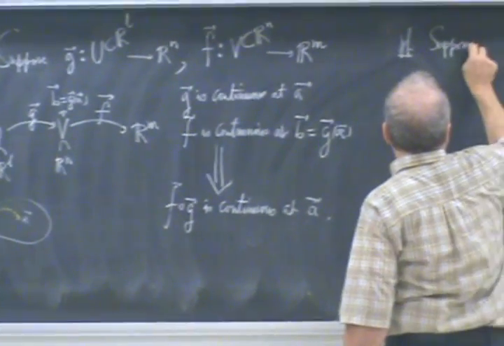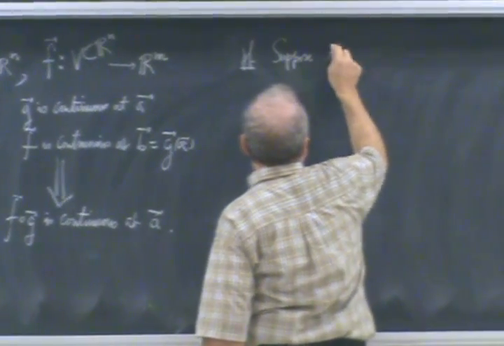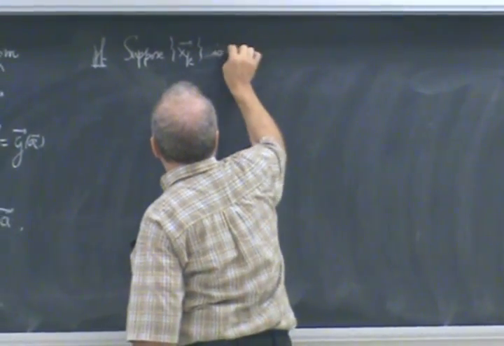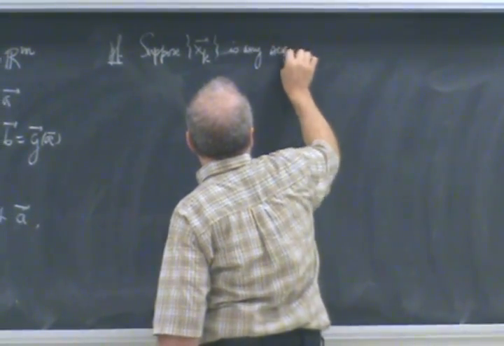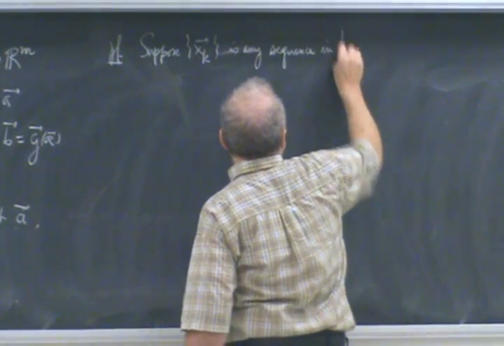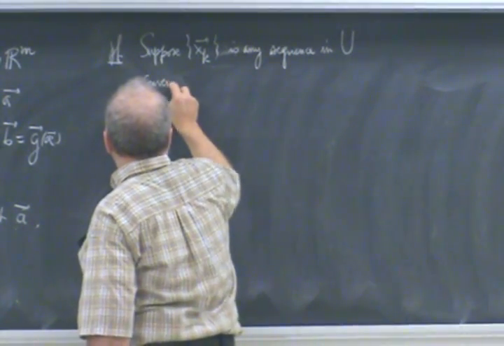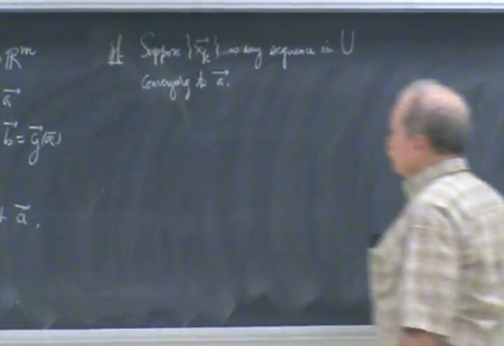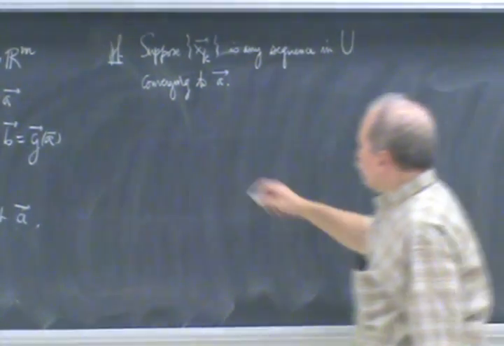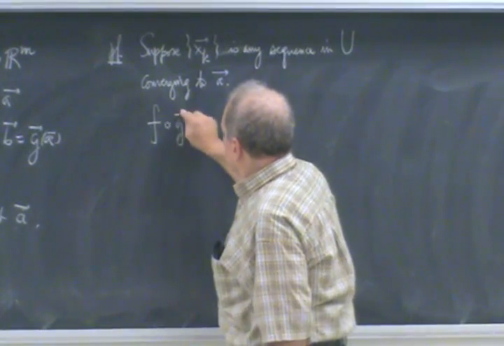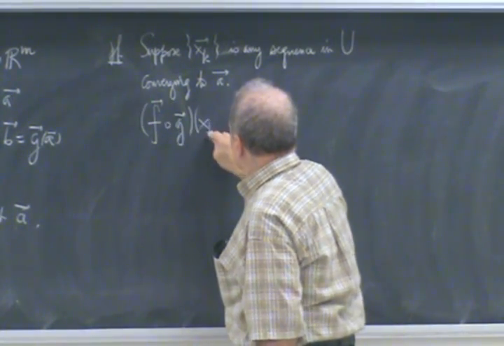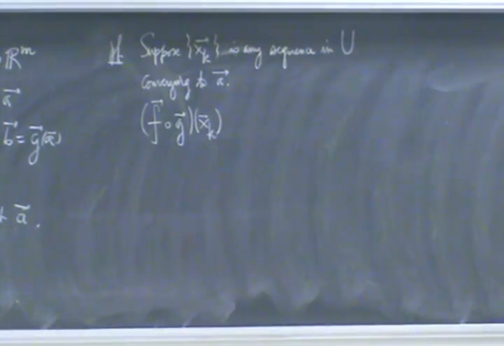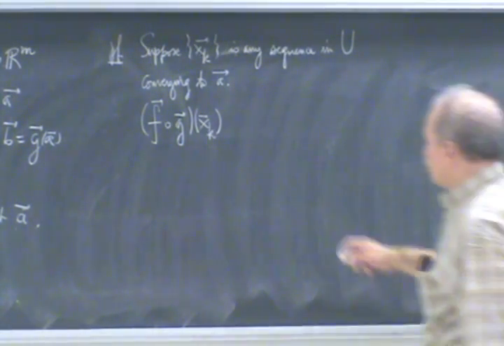Suppose x_k is an arbitrary, i.e. any sequence in U converging to A. Well, let's look at what f∘g does to that sequence. How do I compute f∘g of somebody? f of g of x.